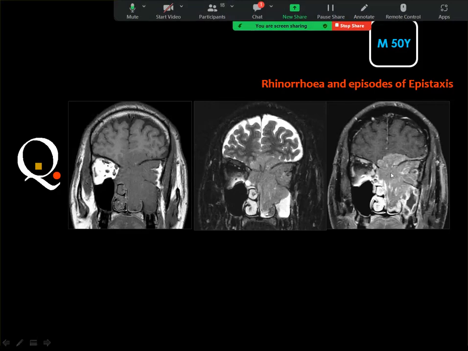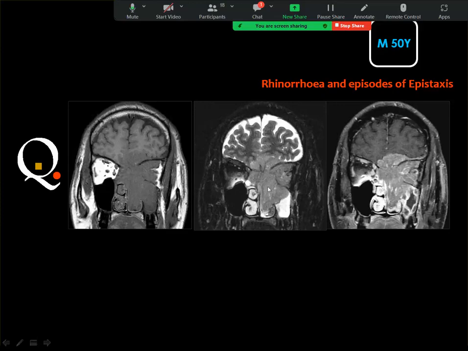But many times squamous cell carcinoma can do so. Skull-base meningioma can also do so. Skull-base metastasis and lymphoma all can be included in the differential diagnosis.